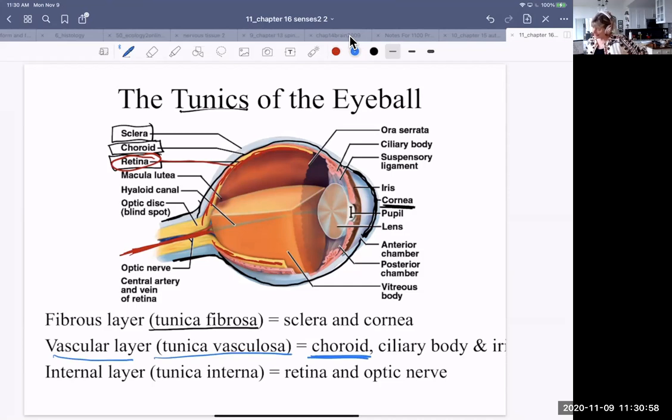The choroid is continuous with the ciliary body there and the iris. So that's all one layer: the choroid, ciliary body, and iris. The internal layer, the innermost layer, is the retina and the optic nerve.